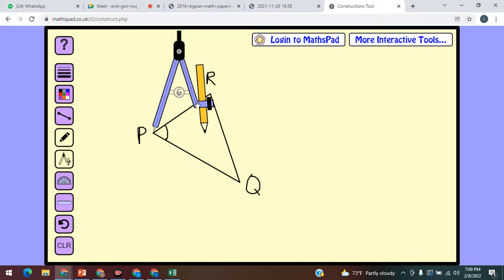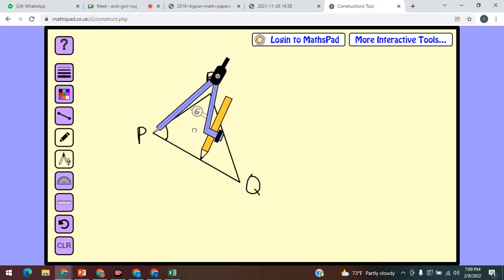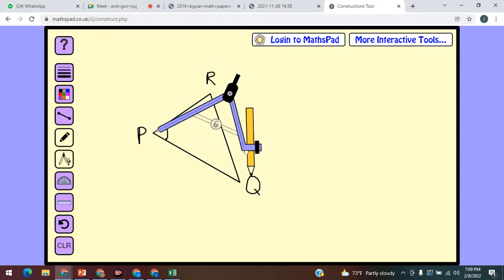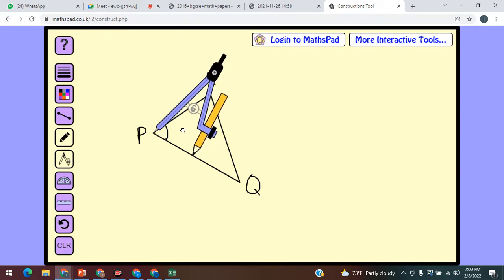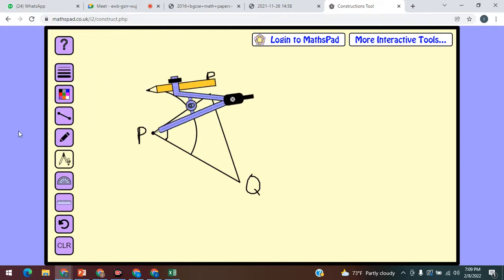So we get our compass. We do it not too wide. We don't want to do it all the way out there. I would say give it about half the line or a little less than half the line. Lock it in, and then draw the arc.